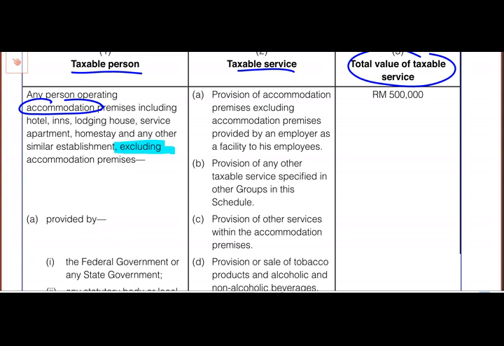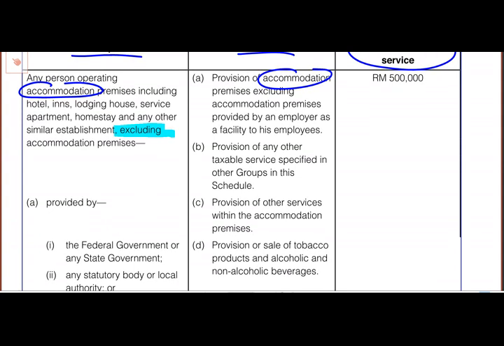They say the account service, alright, except. So the exclusion is very important because in the exam they will give you a list. Then you see if this one charges and one doesn't. Now except if this is an accommodation that you're giving to your staff. So the staff will not impose 6%.